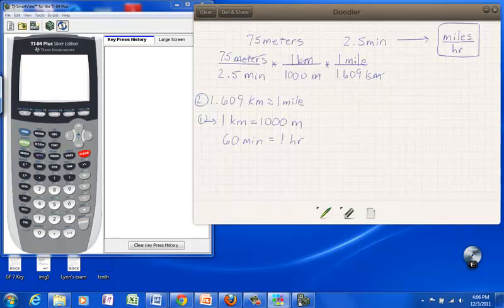Now I'm almost done, but I have miles over minutes now, and I need miles over hours. So I need another conversion fact. And remember, I want the minutes to cancel, and these minutes are already in the denominator, so I'm going to put 60 minutes in the numerator.